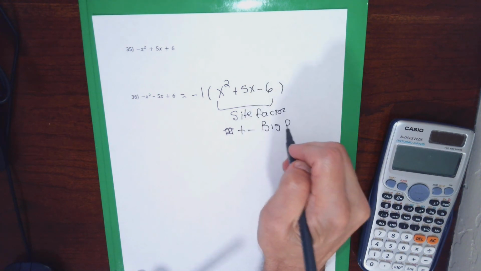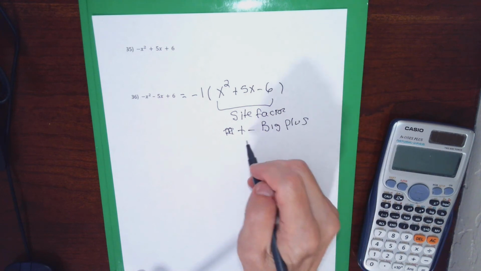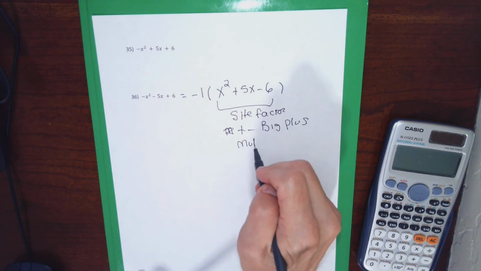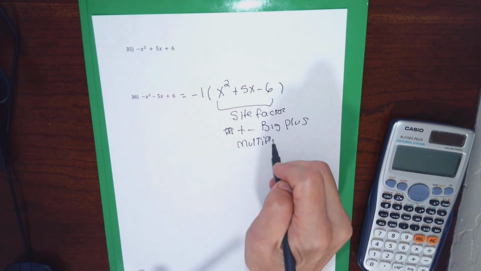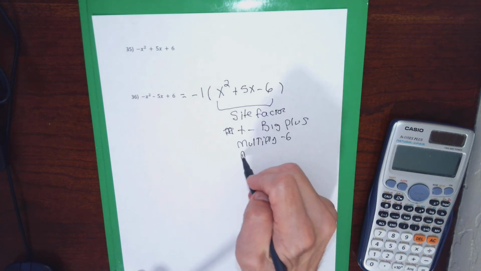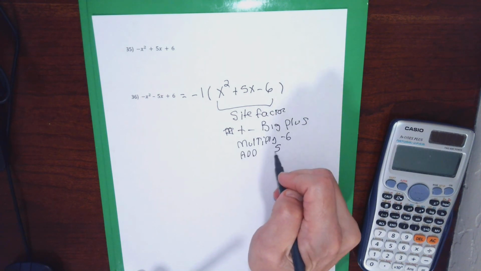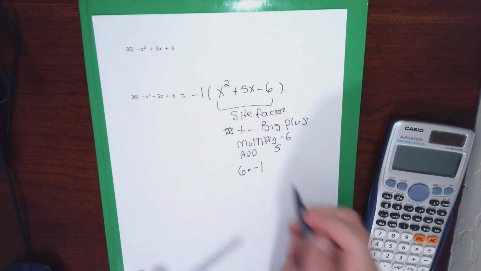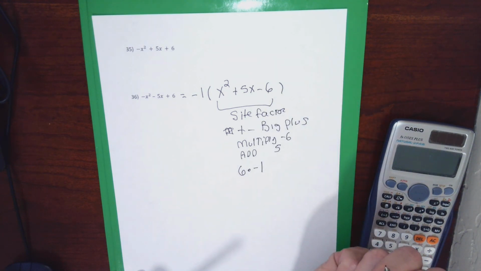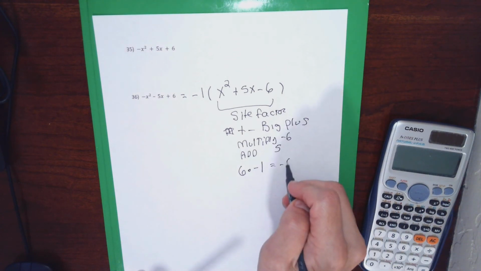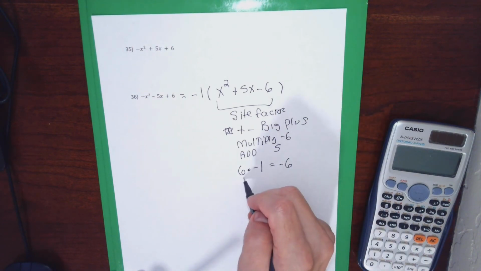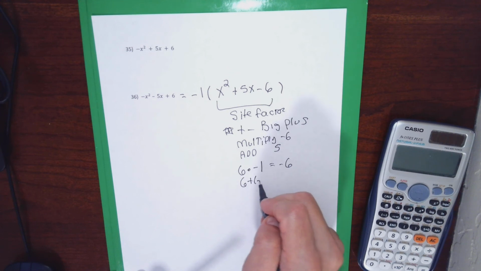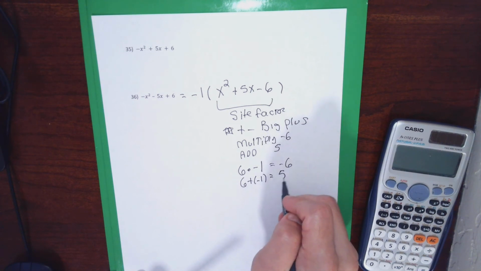The big number gets the plus sign, the small number gets the minus sign. They have to multiply to -6, and they're going to add to +5, and those are going to be 6 and -1. 6 and -1 fits big number plus, small number minus. If I multiply those, I get -6, and if I add 6 and -1, I get 5.